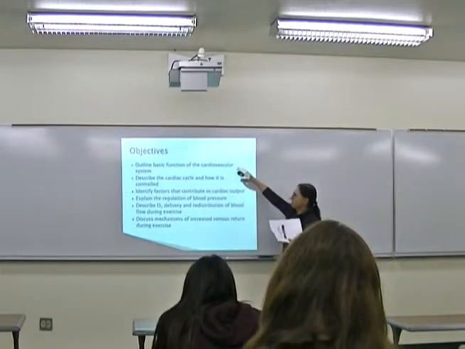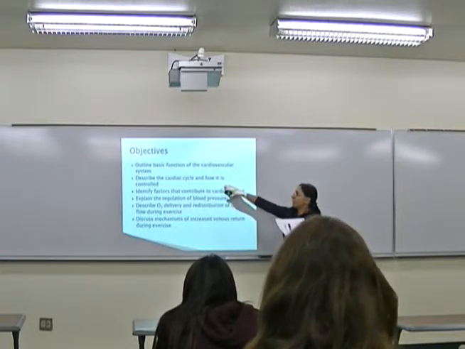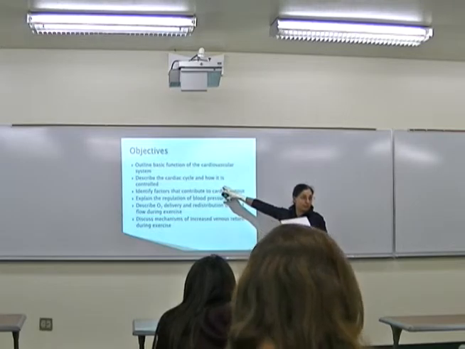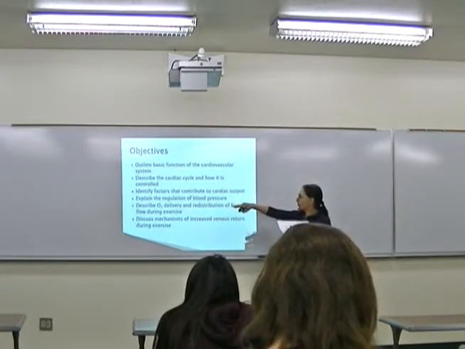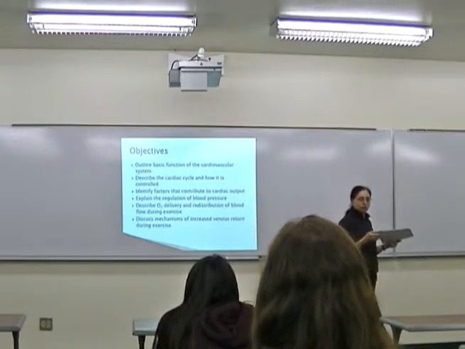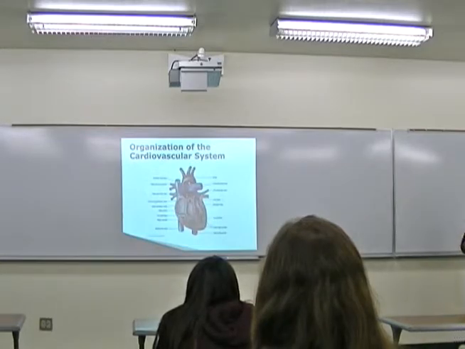So, AMP. Cardiac cycle and how it's controlled has some adaptations, so we'll be looking at this. Cardiac output, blood pressure, oxygen delivery. So that should look familiar, hopefully.